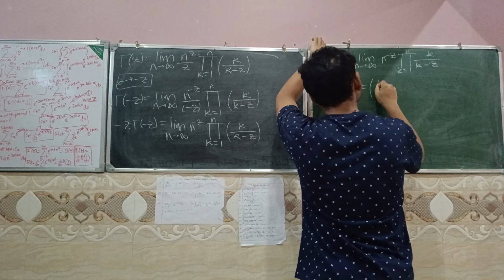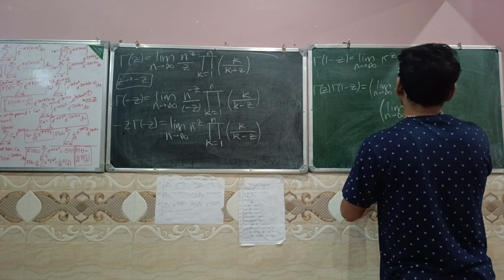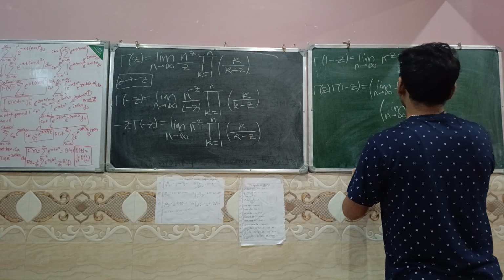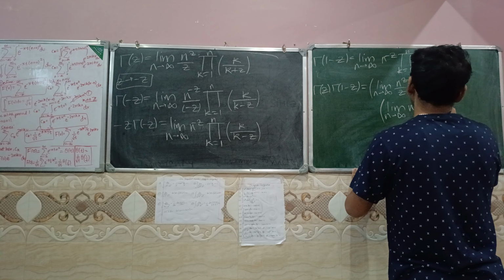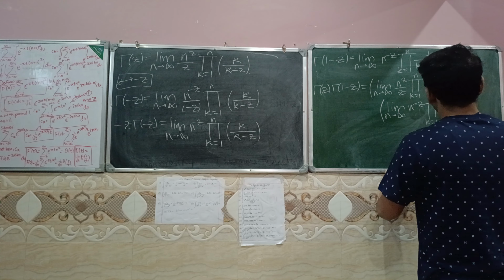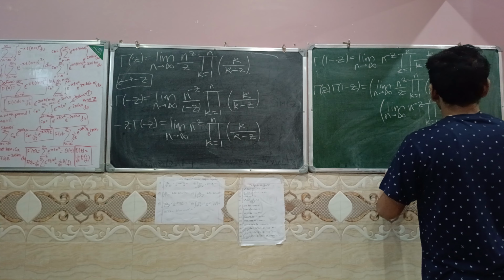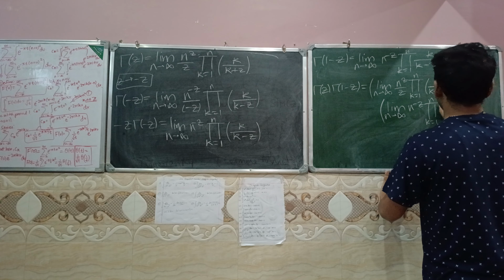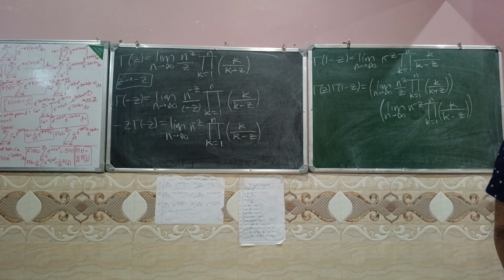And then if we talk about this one, so from here we can write this as limit n tends to infinity of n to the negative z, actually, I missed it, and then the product as k goes from 1 to n of k over k minus z, and it's fine.